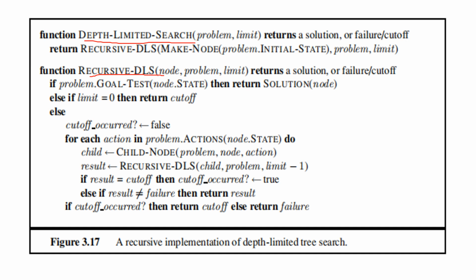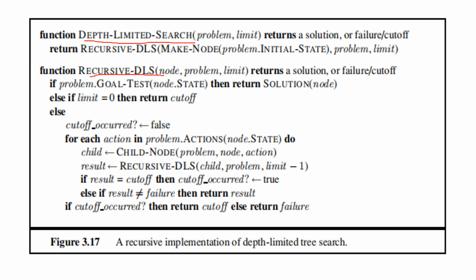This recursive DLS function actually performs depth first search but stops when the depth limit is reached. That means that depth is equal to L. And if it has reached that level, it will not go further.